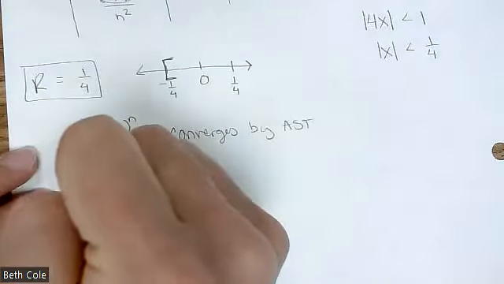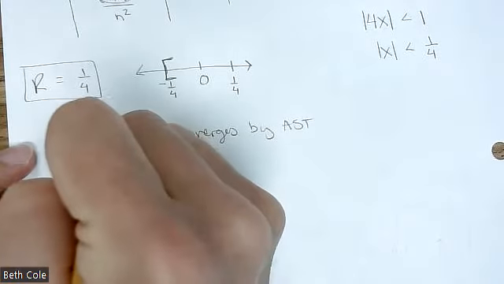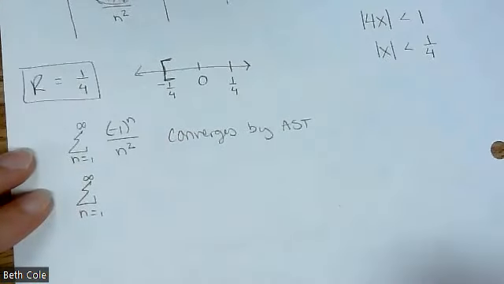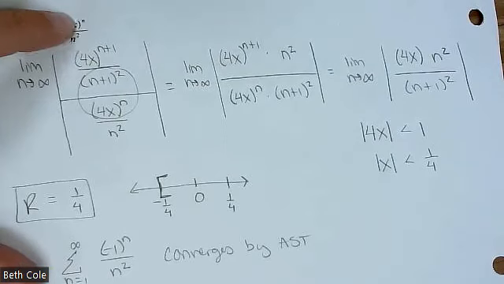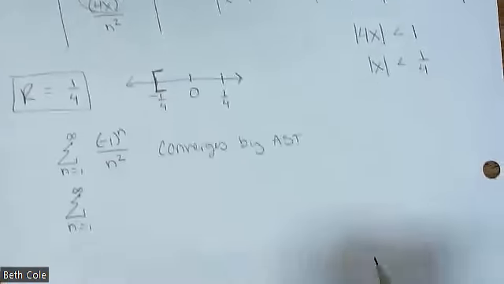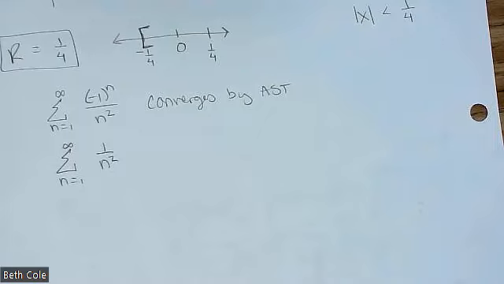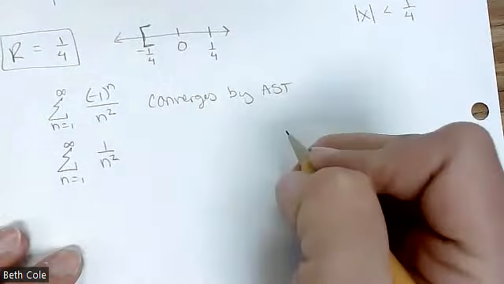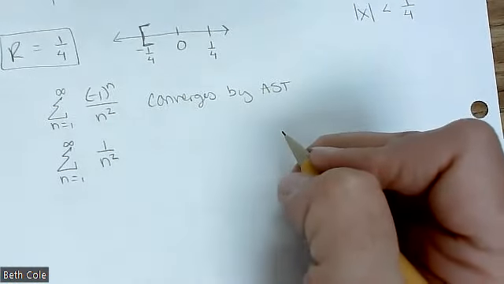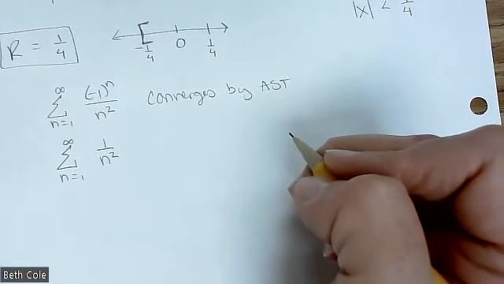And then if you go and plug in +1/4 to the original series, what are you going to get? If you plug in +1/4 for x, 1 to the n, which just is 1, over n squared. How would we deal with that? Or what type of series is it, because it's not alternating anymore.